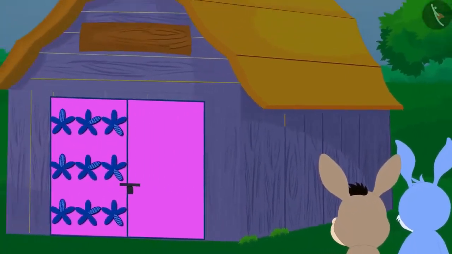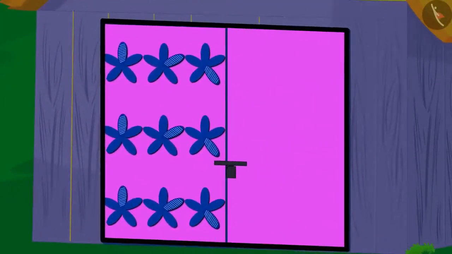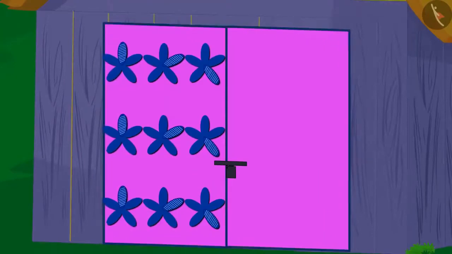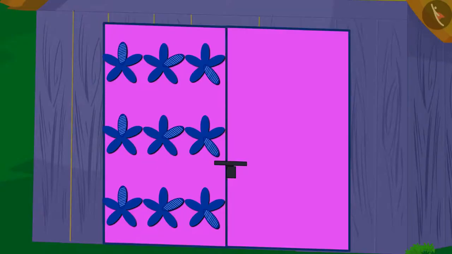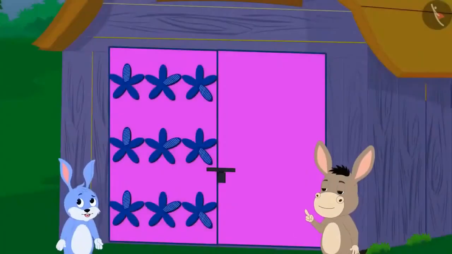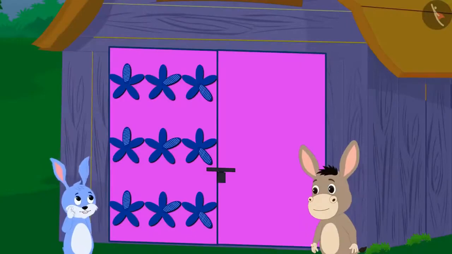At first, Bhola and Bunny saw such a pattern on the door of a house. Here, only one door has a pattern. Bhola and Bunny together are completing this unfinished pattern.